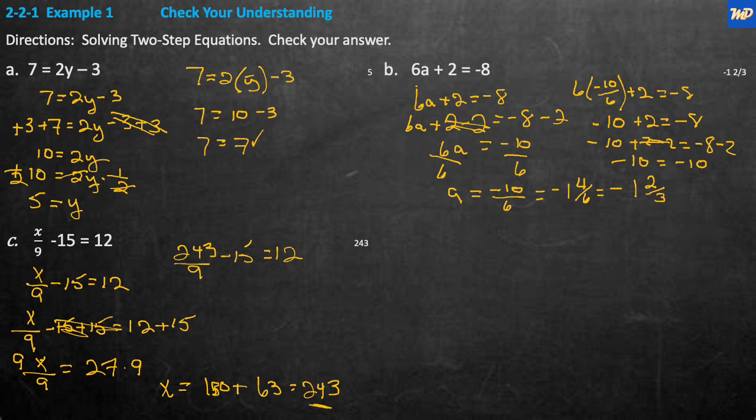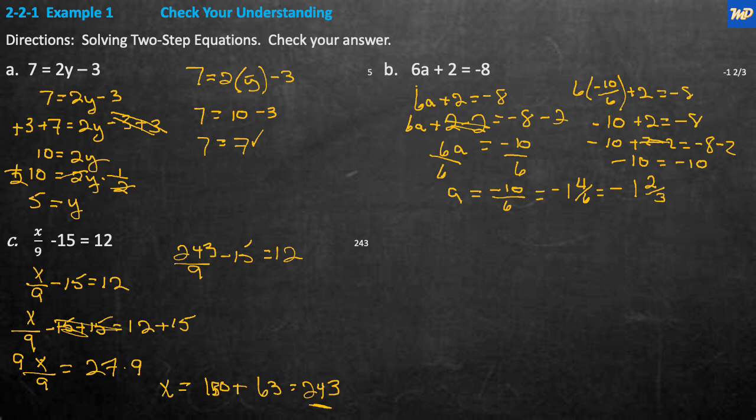So let's get back to the calculator. Calculator says 243 divided by 9 is 27. Well, I should have known that, 9 times 27. Sorry, I should have known better.